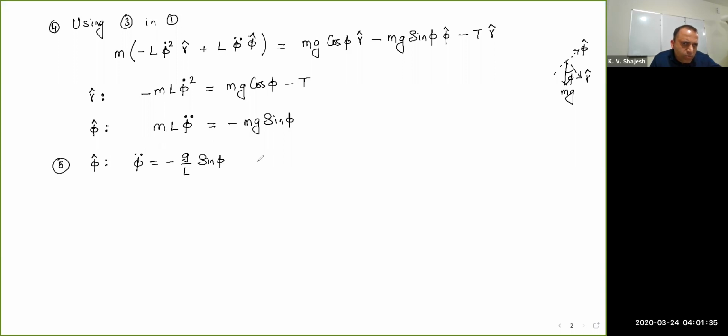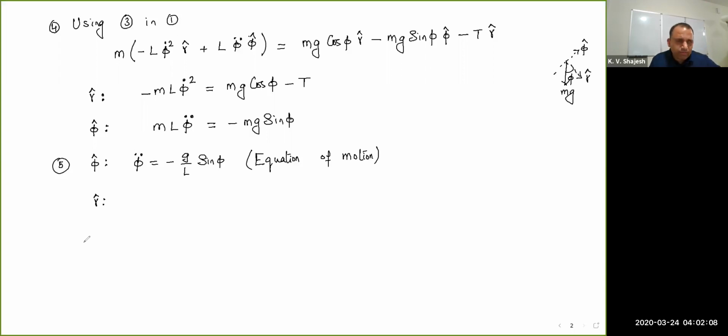That's your equation of motion. That means to say that this is what deals with the dynamics. The motion is all about change in phi in this case. But what about r hat? We know that there is no motion in the direction of r hat in this particular problem.